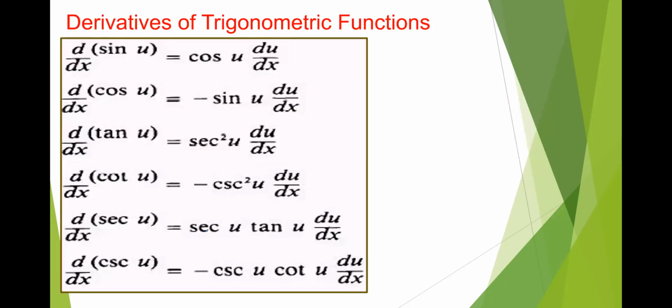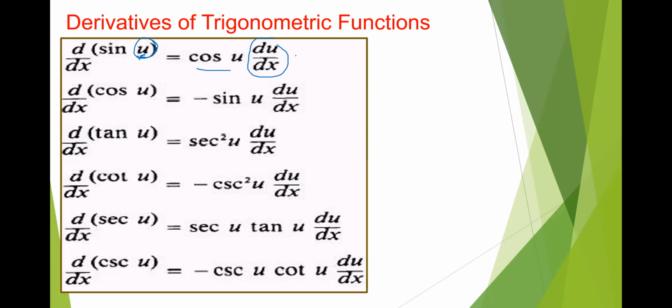Ayan. So ito, this is like applying the chain rule to our trigonometric functions. Kasi dito, yung u natin is a function of x. Okay? So yung u here is a function of x. So instead of the usual formula, di ba alam natin, derivative of sine u, si cosine u. Kaya lang since u is still differentiable, you still have to get the derivative of that u with respect to x. This is like the u prime that we know.